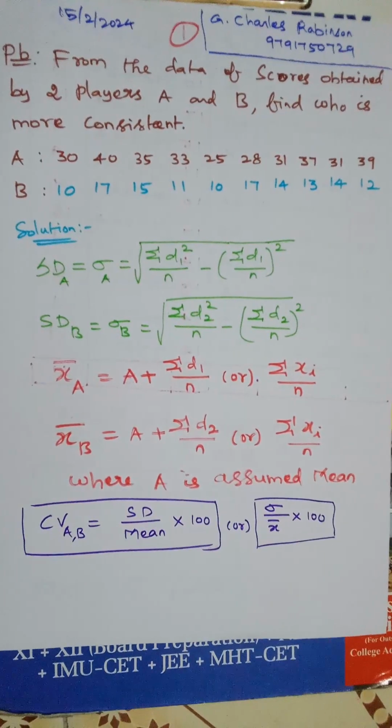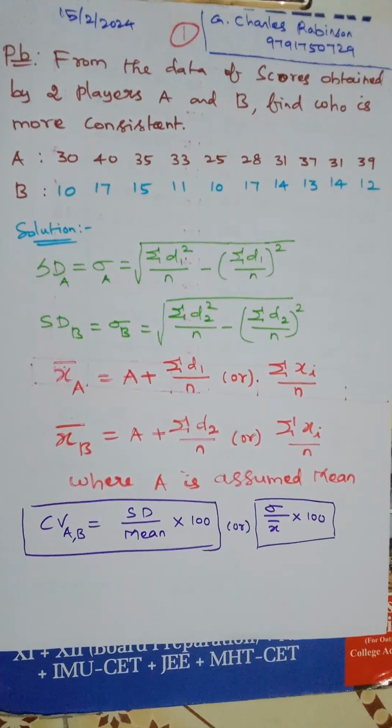Today we are going to discuss statistics. From statistics, I'm going to solve who is more consistent. So I'm going to use one of the measures from statistics called coefficient of variation.